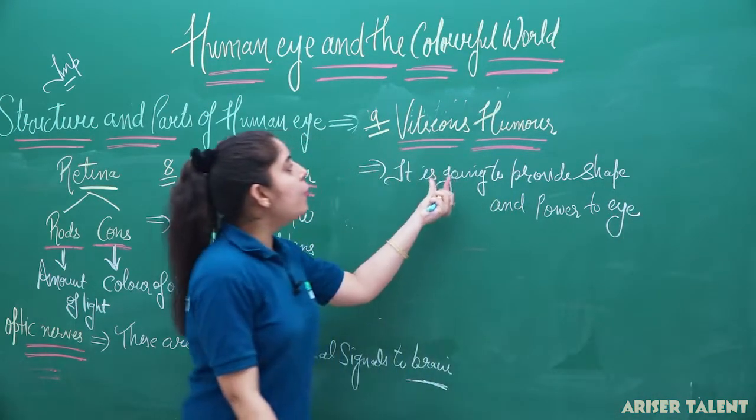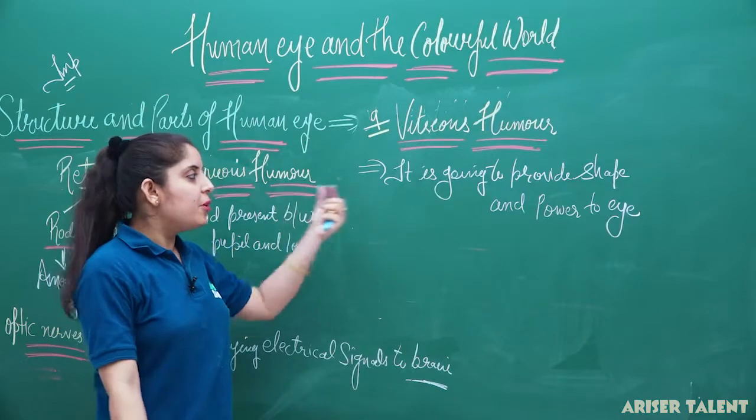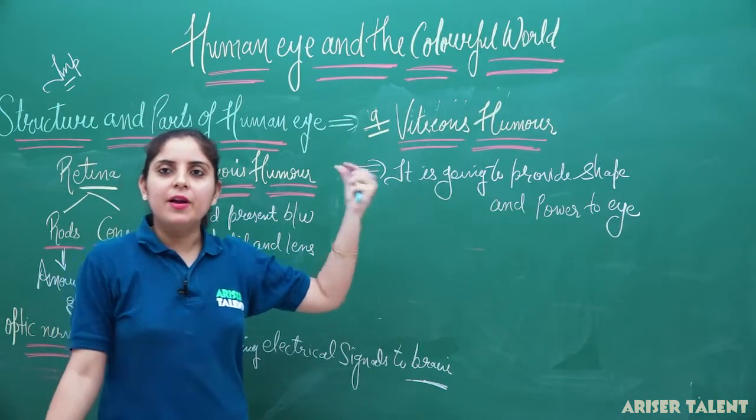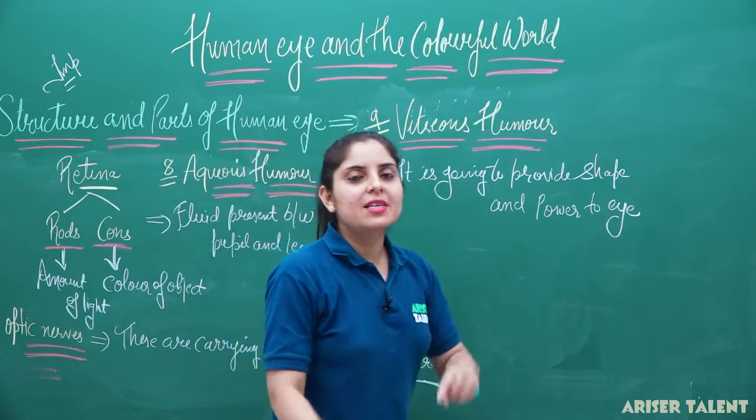So this is again a fluid which provides the power to the eye, and this is known as the vitreous humor. So what parts have we discussed till now?